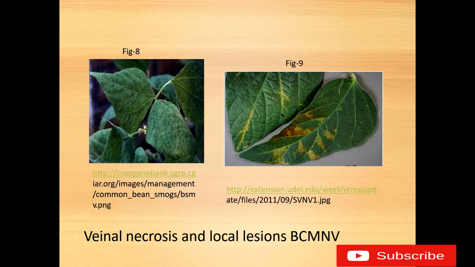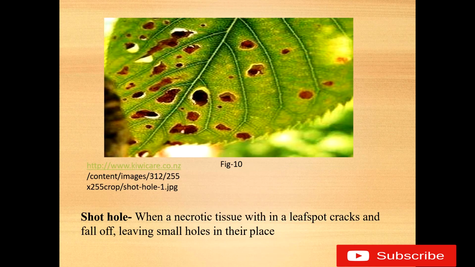And venal necrosis: you can see the coloration on veins, which is known as venal necrosis. And shot holes: you can also see holes due to necrosis in the leaf spot cracks, leaving small holes in their places.